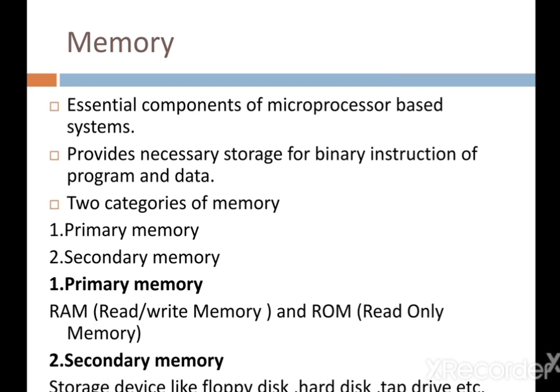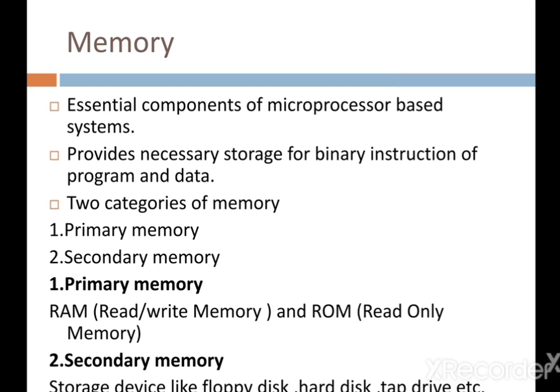First, what is memory? Memory is an essential component of a microprocessor based system. Memory provides necessary storage for binary instructions of a program and data. There are two categories of memory, primary memory and secondary memory.